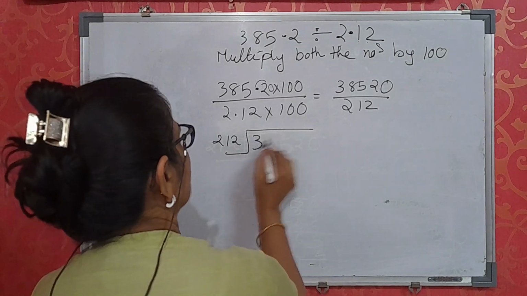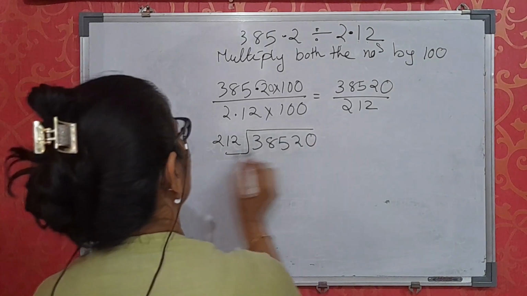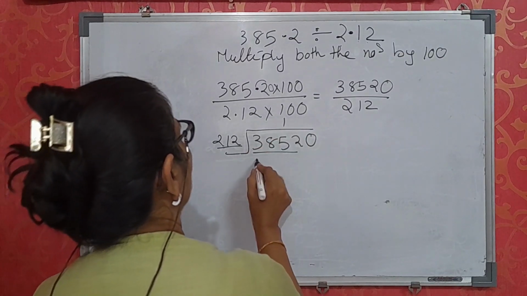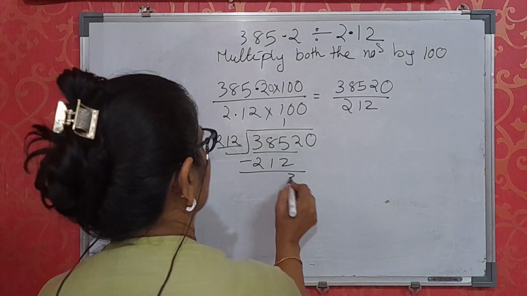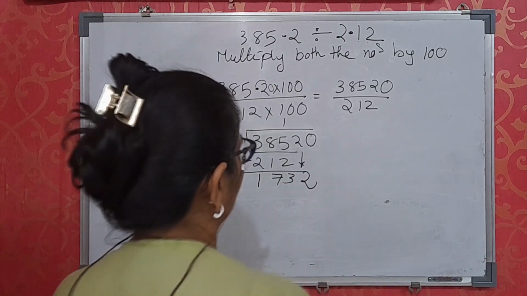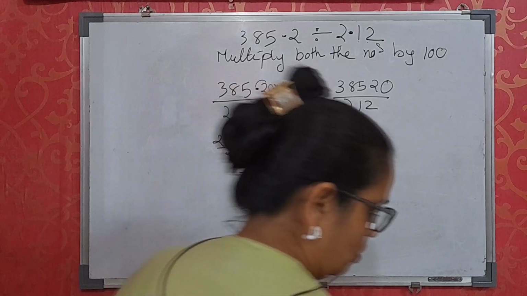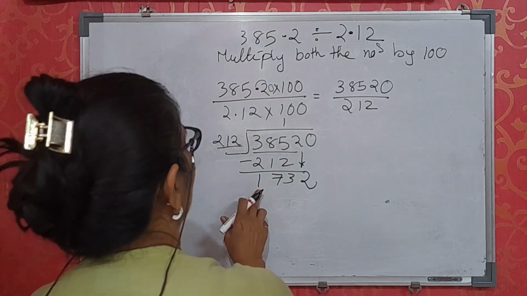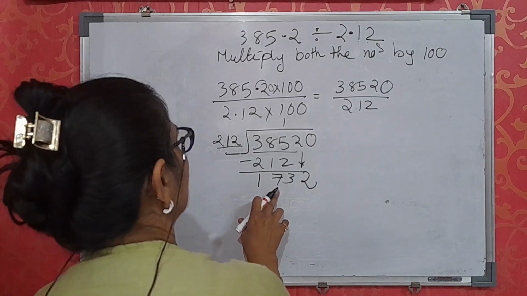Now normally you do the division of this. 212 is the divisor, and 38520 is the dividend. 212 ones are 212. Take one number down, and it will become 1732. Now 2 9s are 18, which is bigger than this.